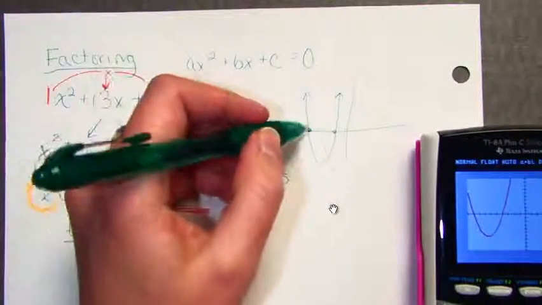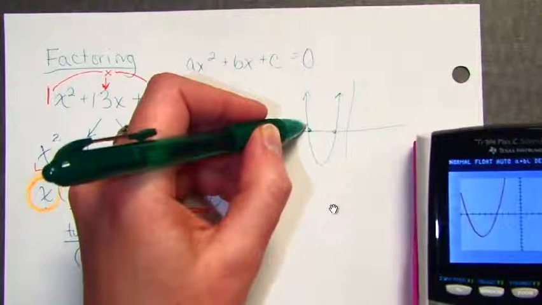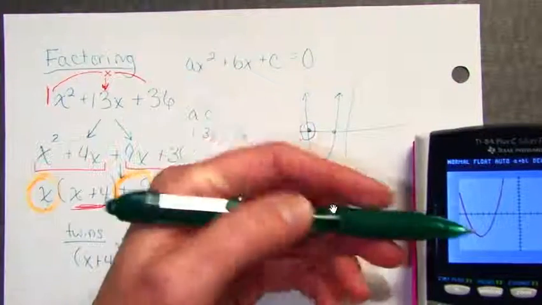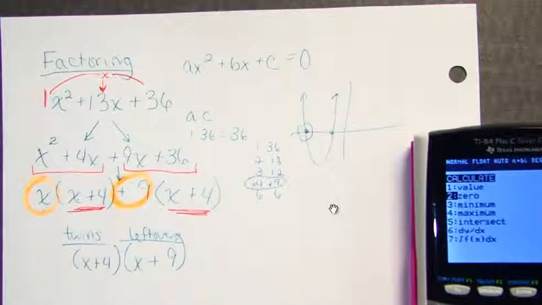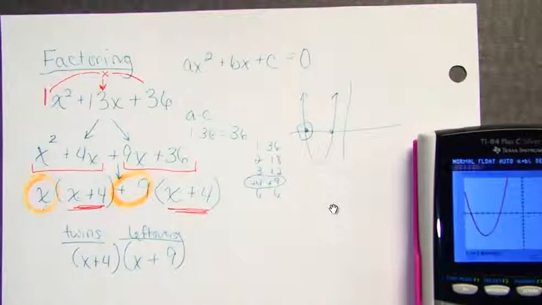Now what we're going to notice is that on the graph that happens to look like this, I can calculate these zeros. We can do that going second trace, find the 0, left boundary and right boundary. There's my first boundary. Here's my second boundary.